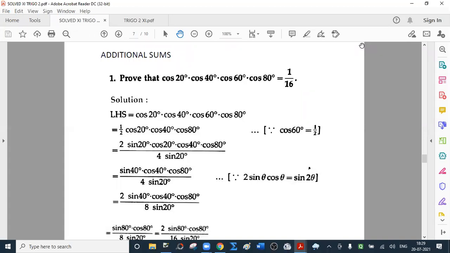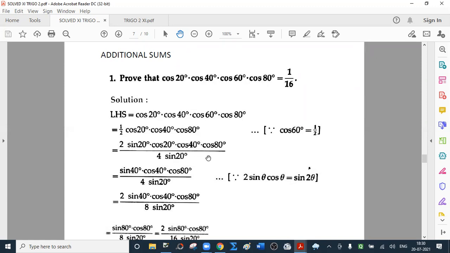Actually, these sums are not from the textbook, so just listen to me, but please do write the solution after the lecture. Prove that cos 20 degree, cos 40 degree, cos 60 degree into cos 80 degree is 1 upon 16. Actually, we are going to solve three sums of this type.